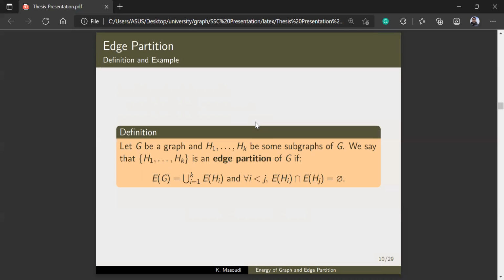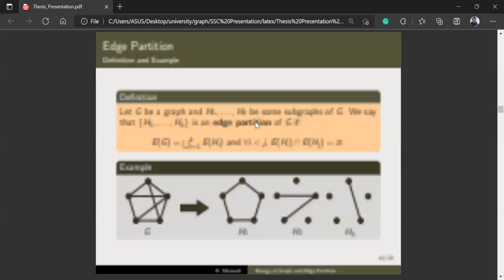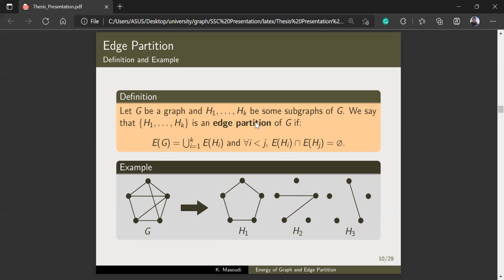The union of the edges of every Hi is equal to the set of edges of G, and the intersection of the edges of Hi and the edges of Hj is an empty set for all i and j. There is an example of an edge partition here. The goal of this example is to make each edge partition into a spanning subgraph.